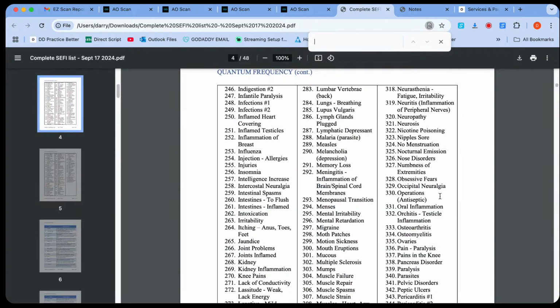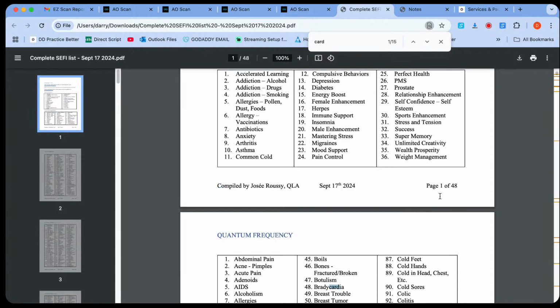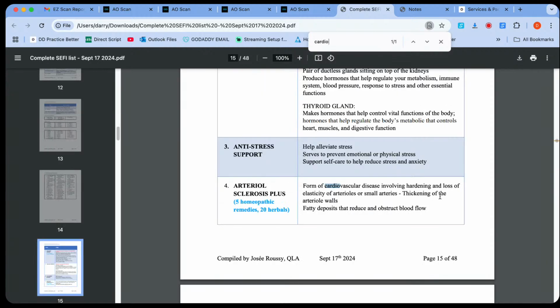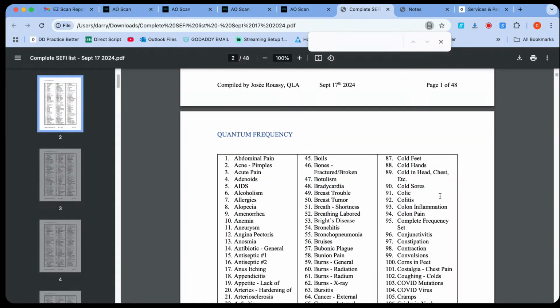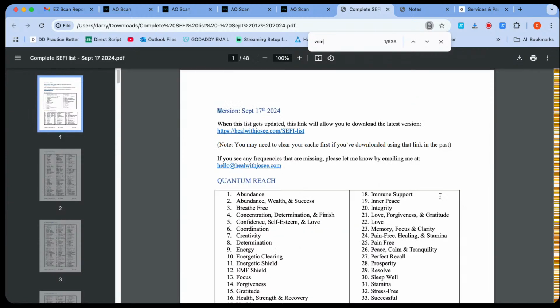Let's do a search for cardiovascular. Let's just see what else we got in here for cardio. Oh, that's the only one. All right. Let me do a search for veins.